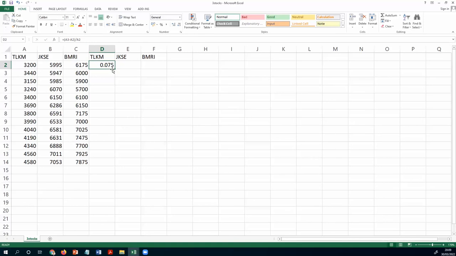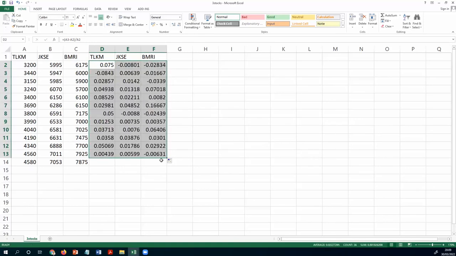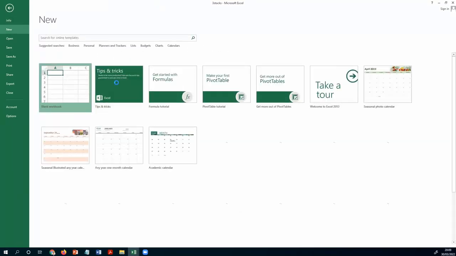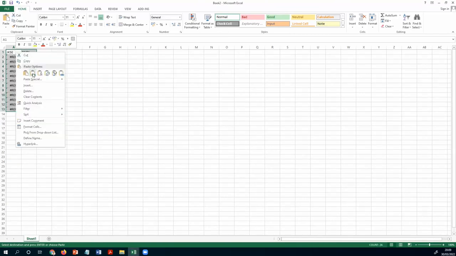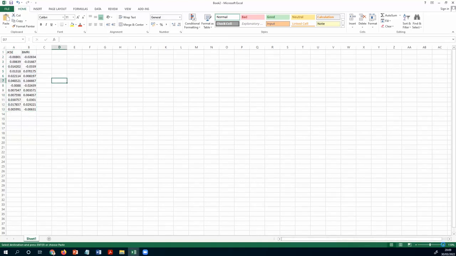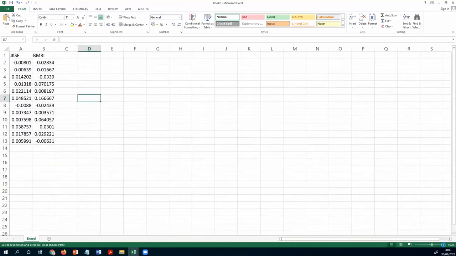Okay, this is the data. We have the return on Telkom, Jakarta Stock Exchange, and Mandiri, 3 stocks. I want to use only these for the new single linear regression. So this is the return.